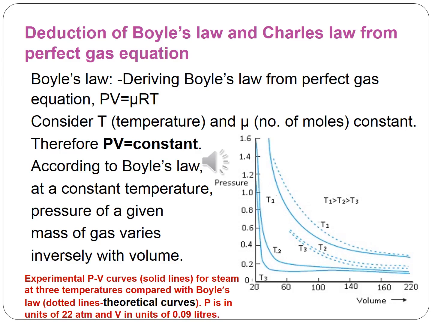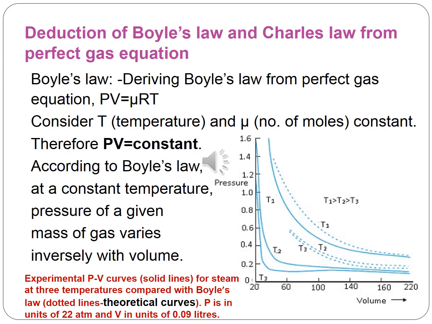The experimental curves are represented by solid lines and theoretical curves are represented by dotted lines. From this graph, you can see that at high temperature and at low pressure, the experimental curve comes closely to the theoretical curve.